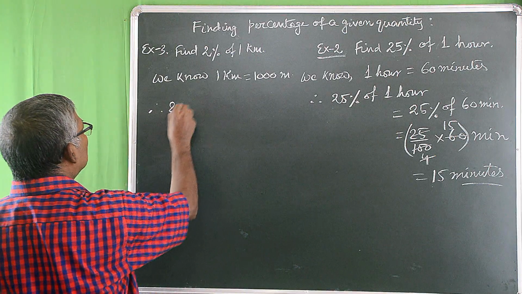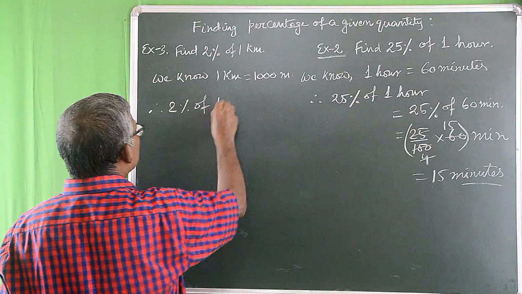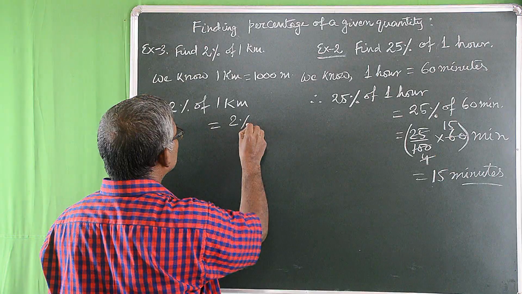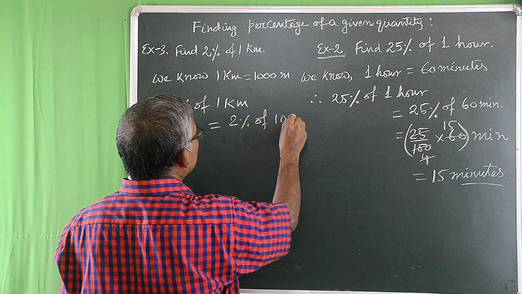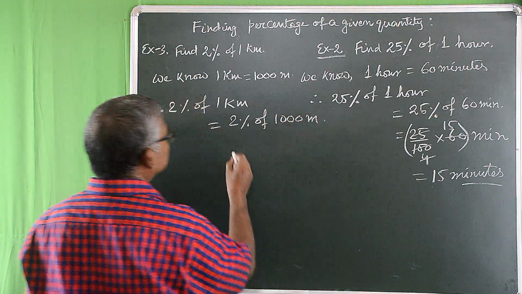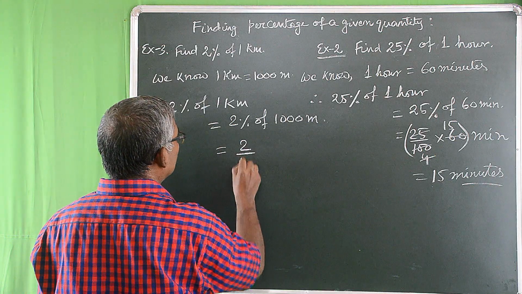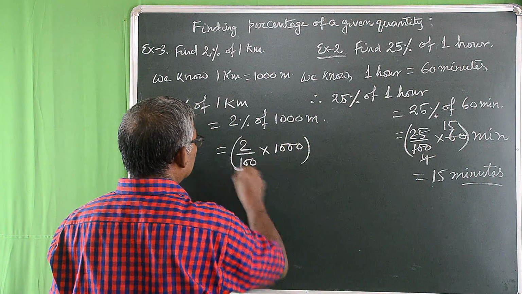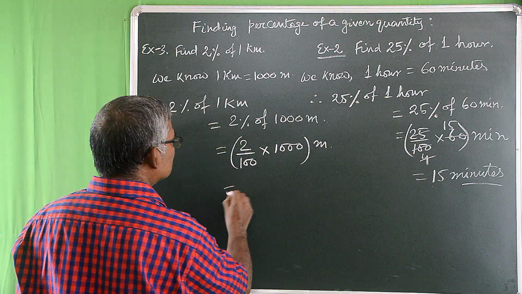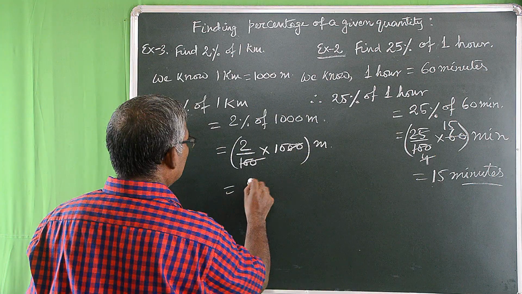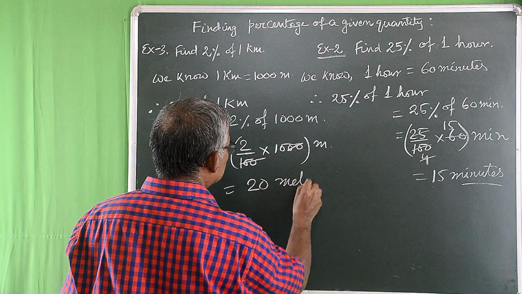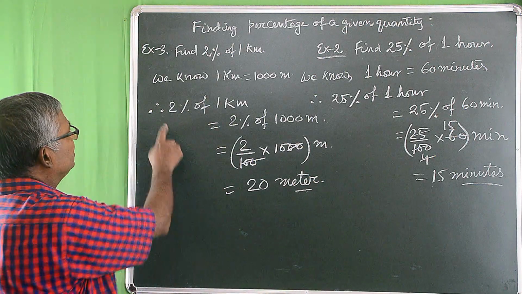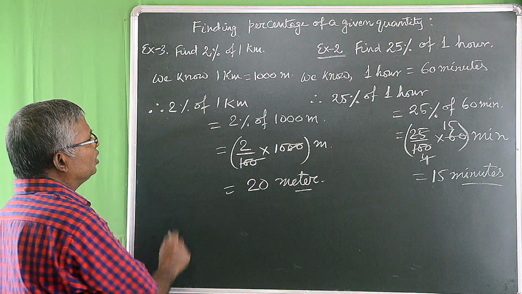Therefore, 2% of 1 kilometer equals 2% of 1000 meters, that is 2 by 100 into 1000 meters, equals 20 meters. Students, so we get 2% of 1 kilometer equals 20 meters.